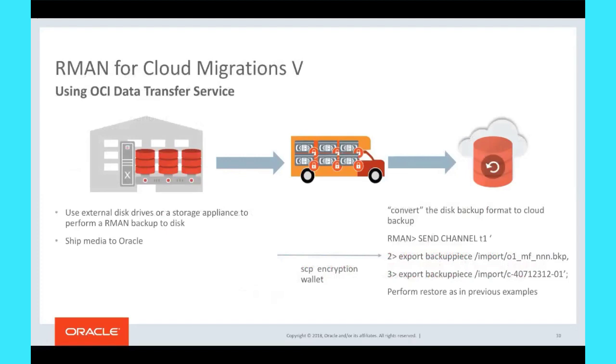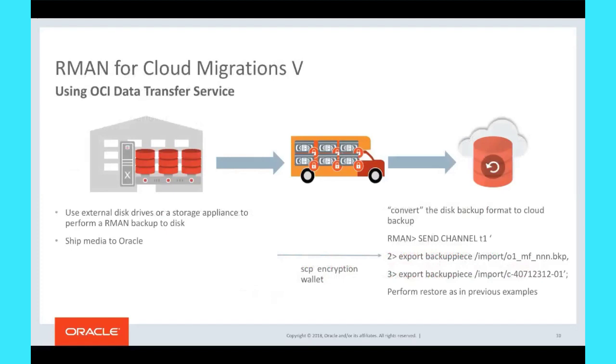So there is another option, which is using the storage cloud transfer service. It basically means that you're going to do a local backup of your database on local disks, either a storage appliance or USB connected drives.